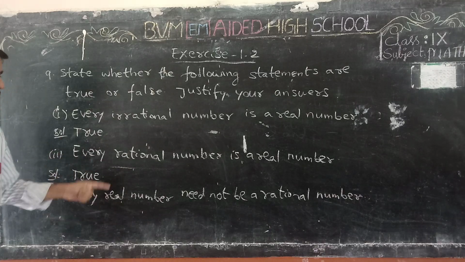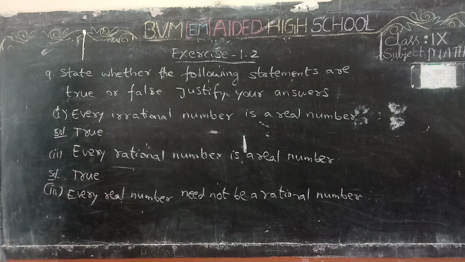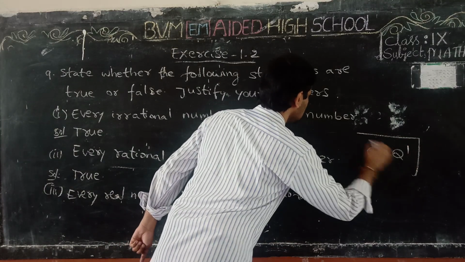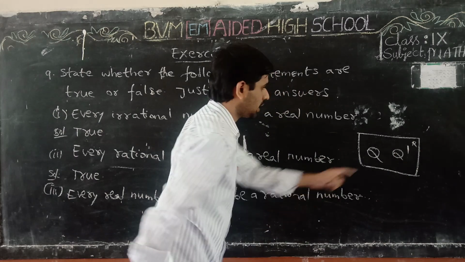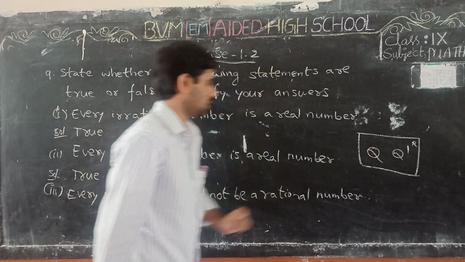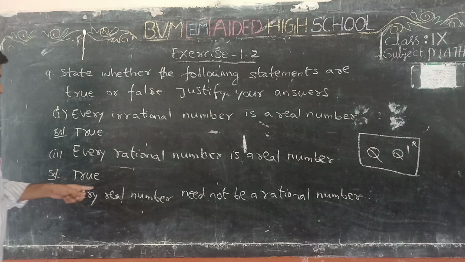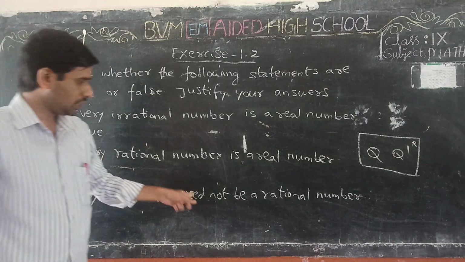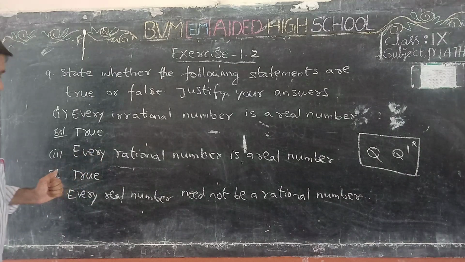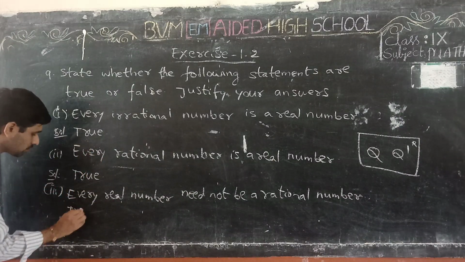A collection of all the rational numbers and irrational numbers is the set of real numbers. If you take any real number, it might be a rational number or irrational number. So the statement is every real number need not be a rational number. It might be an irrational number also. So the statement is true.